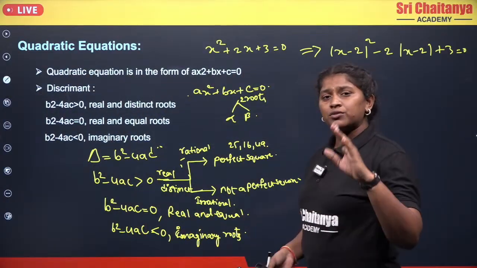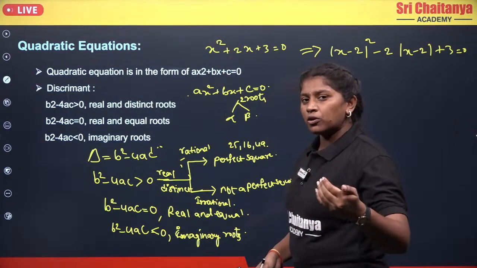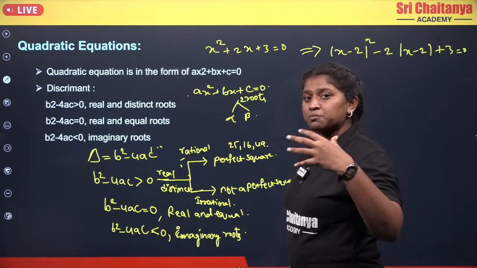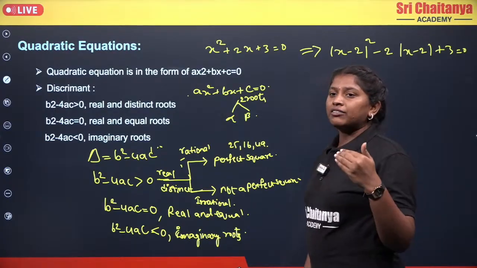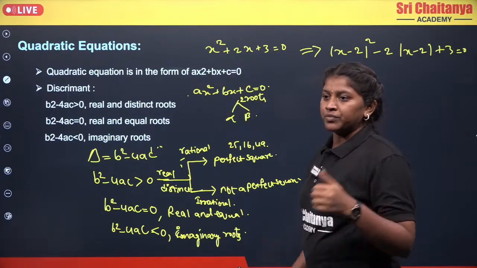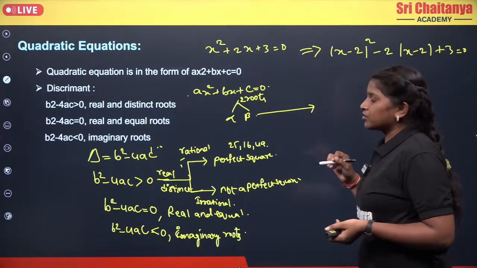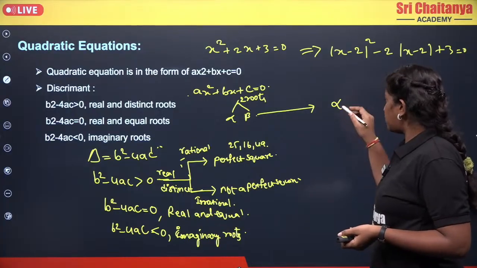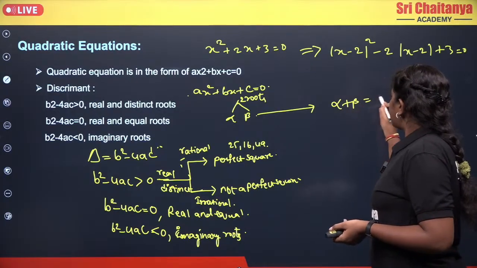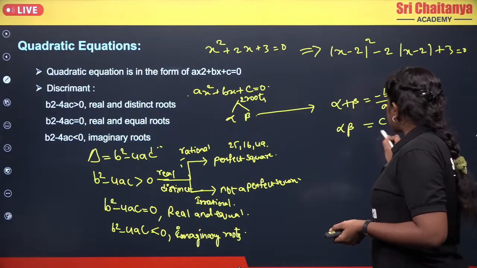Why? Because we are using the modulus in the quadratic equations. So along with the modulus, they will ask you with respect to that quadratic equation, like what are the types of the roots they will give, and they will ask you according to that, right? Now moving to the next, we are having alpha and beta. So from there what we can say, we know that the sum of the roots will be equals to minus b by a, and product of the roots will be equals to c by a.